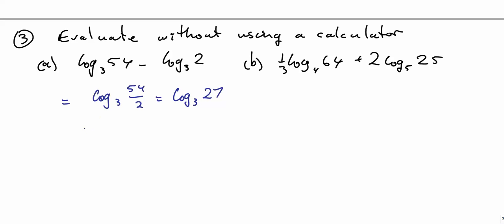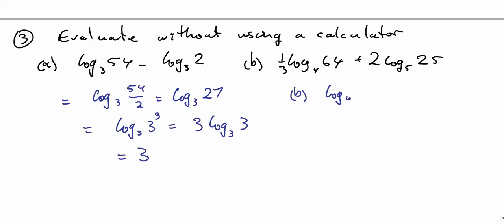And 27 we know is 3 cubed, so that would be log of 3 cubed to base 3, which by the power rule would be 3 log 3 to base 3. And log of 3 to base 3, the log of any number to its same base is 1, so that is just 3.